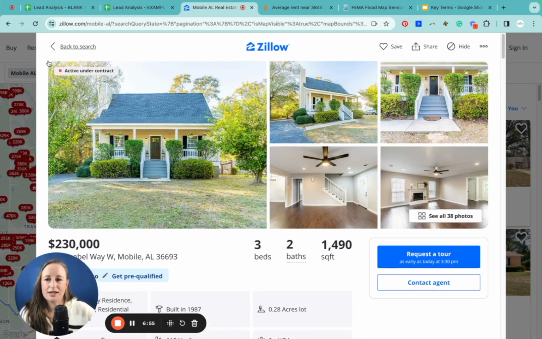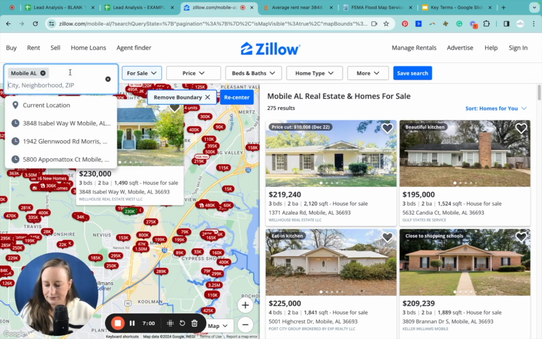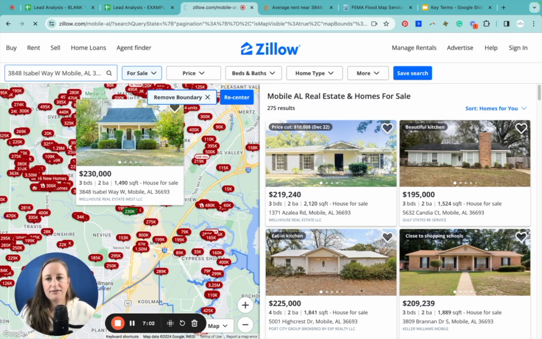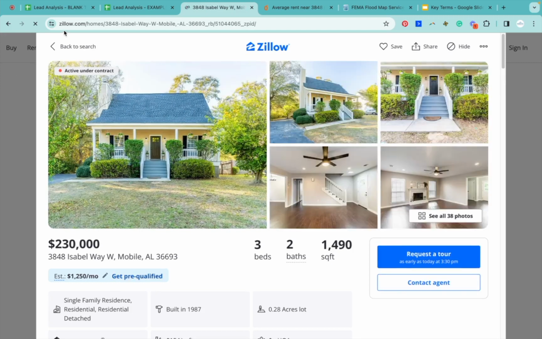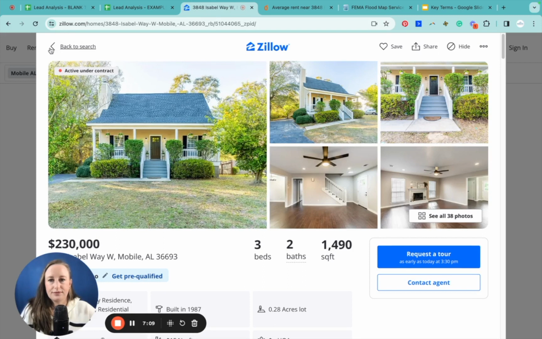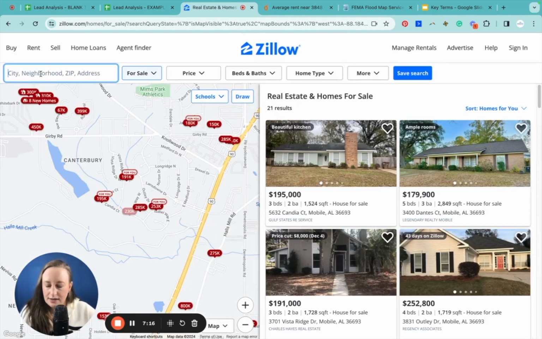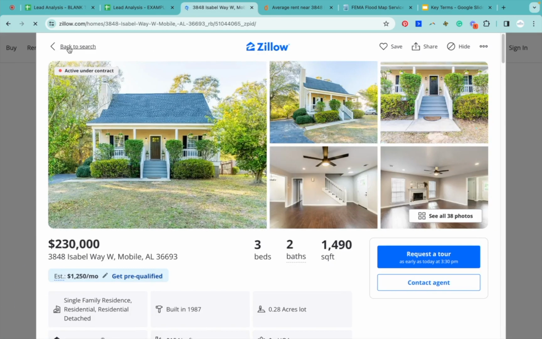But what you can do is go to the map feature that a lot of them have. Let's find this guy.